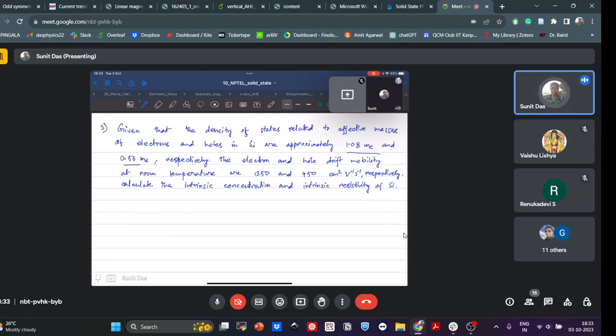Now we need to calculate the intrinsic concentration and the intrinsic resistivity. Intrinsic resistivity we can get by inverting the conductivity, and intrinsic concentration we can also find very easily with the formula. So try to find out and then I'll solve.